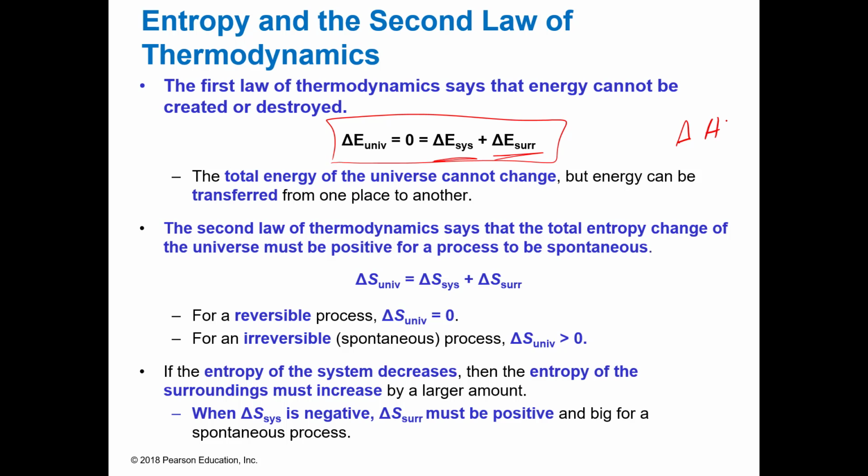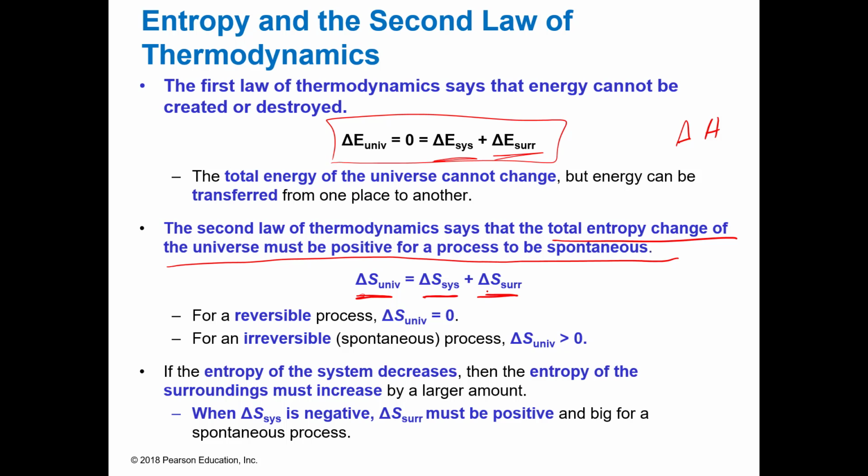The second law of thermodynamics says that the total entropy change of the universe must be positive if the process is going to be spontaneous. That is, the entropy change must be positive if it's going to proceed in one direction. So in this case, the change in entropy of the universe equals the change in entropy of the system plus the change in entropy of the surroundings.